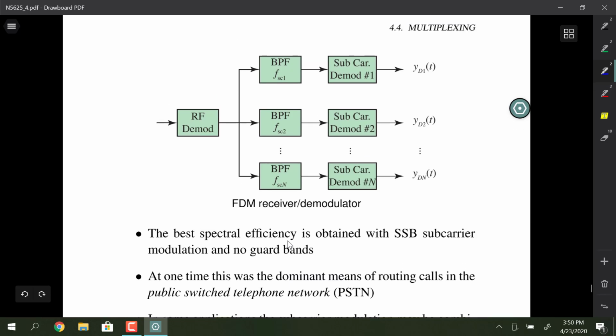And now you break the signals apart, generally with some sort of filtering so they don't interfere with each other and create a nearby signal that can cause some interference. So you might separate them with, say in this case, 3 bandpass filters, and now you have your subcarrier demodulator sitting there, and then you eventually get back the individual messages, analog or digital.